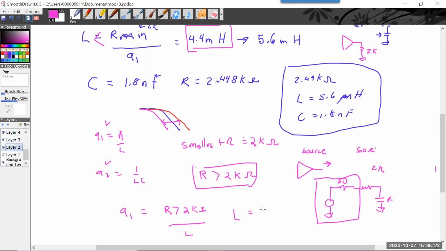For R greater than 2K divided by A1, for this to be true, L has to be greater than that.